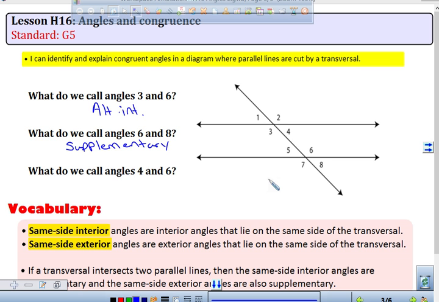Where are they? Inside, so we could say it's something interior. Not quite corresponding interior. We haven't got this one yet. It's one of these two. Because they're interior and they're both on the same side, we call them same side interior angles.